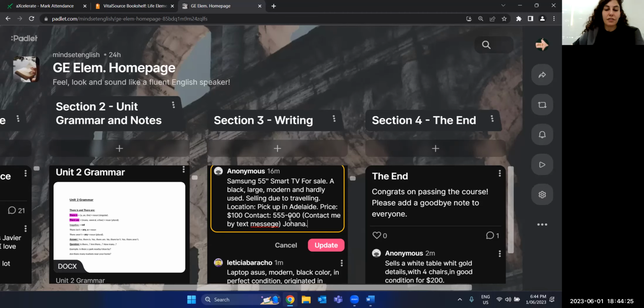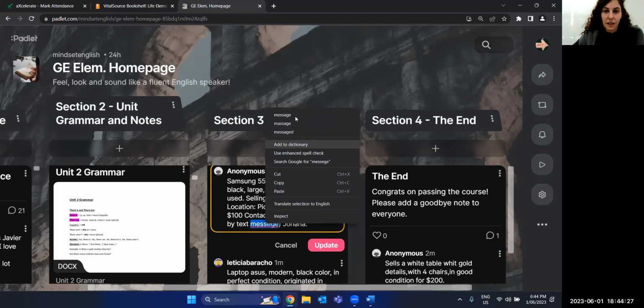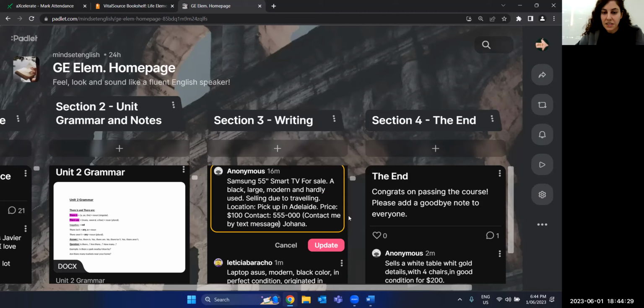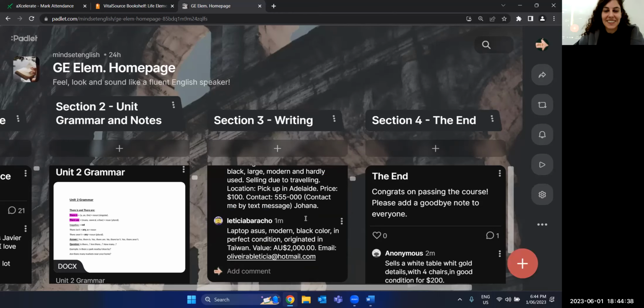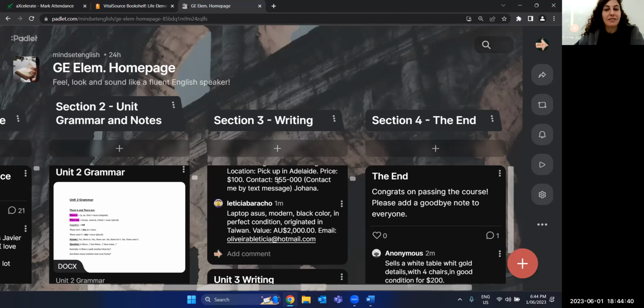So you want to cut off unnecessary words. So text message, contact me. We didn't need the full address. Just pick up in Adelaide. Price, $100. Yeah. 555000, Joanna's number. But text her. Don't call her. She wants to only text. Yeah. Good luck trying to use this number.